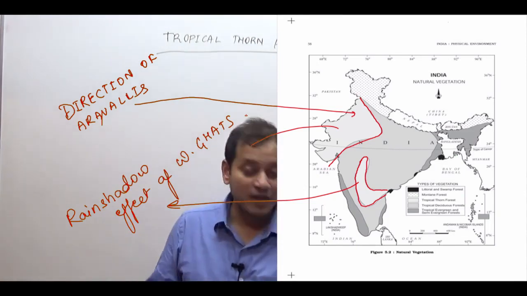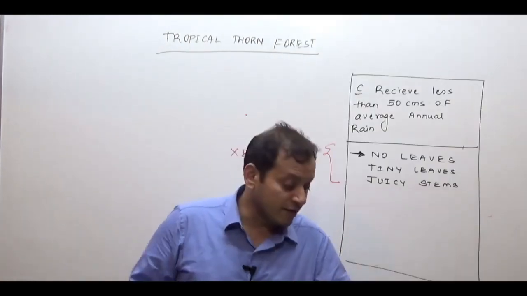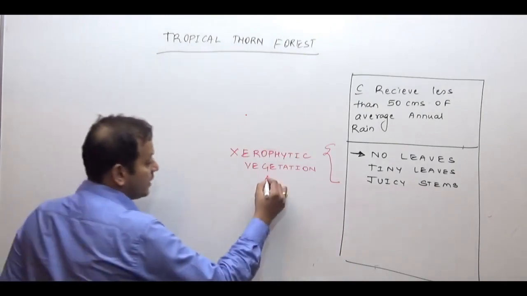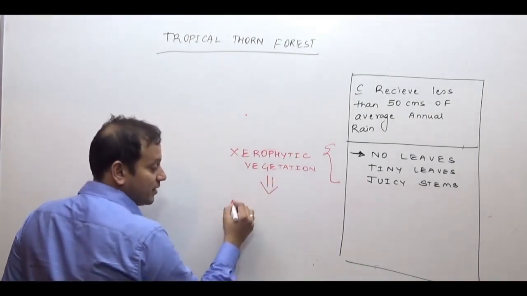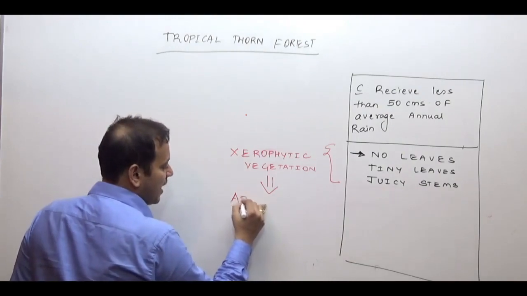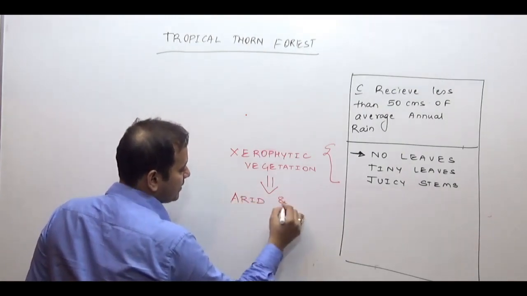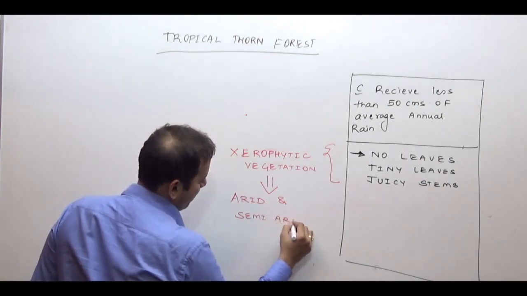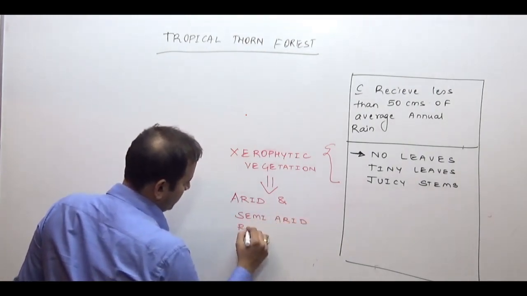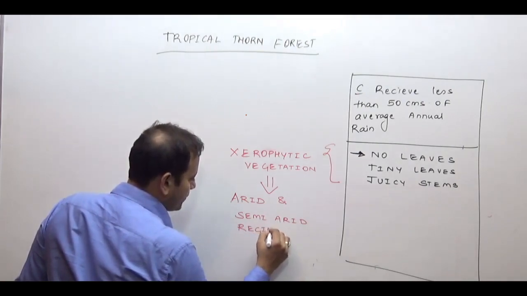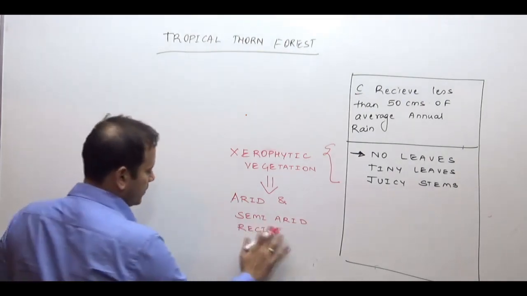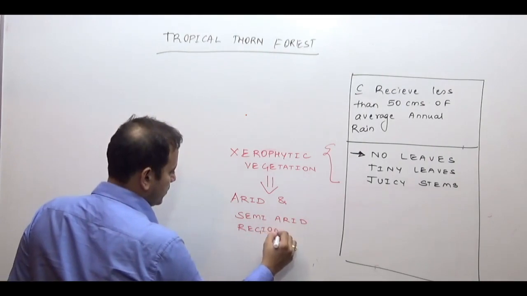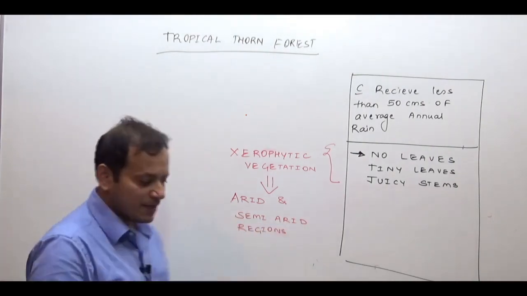That means if I ask you where this xerophytic vegetation is found, it is found in the desert and the semi-desert region, what we call arid and semi-arid regions.